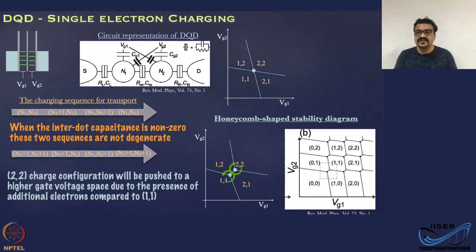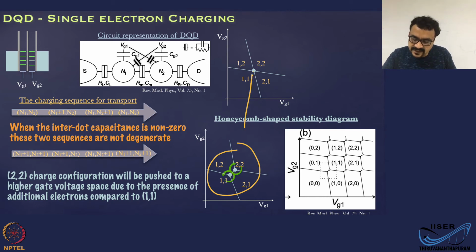What that means is, the 1-1 and 2-2 will be displaced in such a way that 2-2 will be slightly on the positive side and 1-1 will be slightly on the negative side. Previously they were like this, now they will be shifted, and that is what we are seeing here. So you had this one originally, and that will now be shifted.